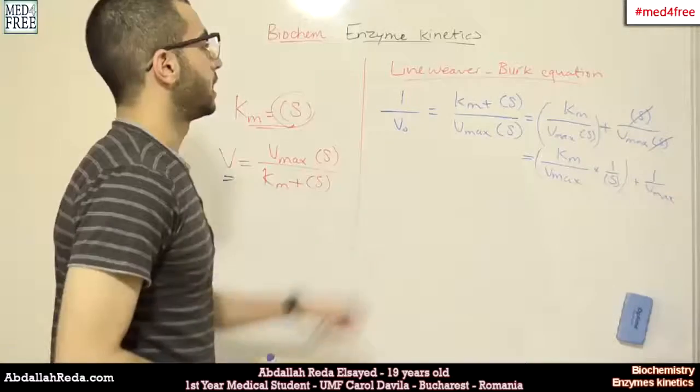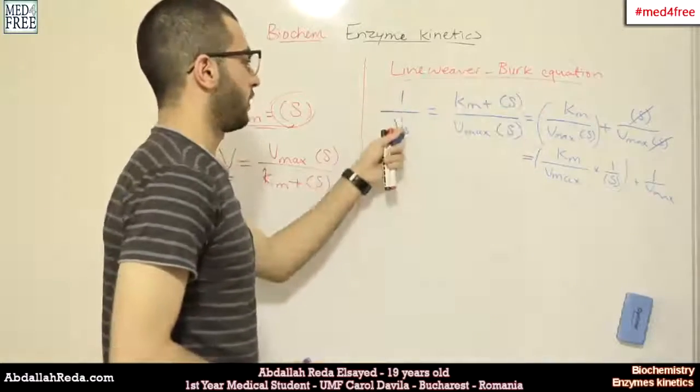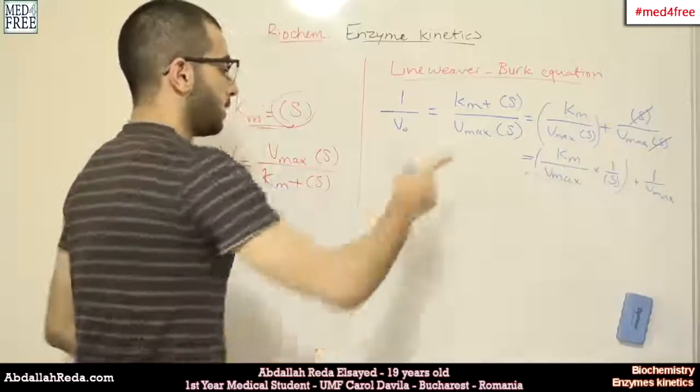And this is the Lineweaver-Burk equation: 1 over V naught equals this.